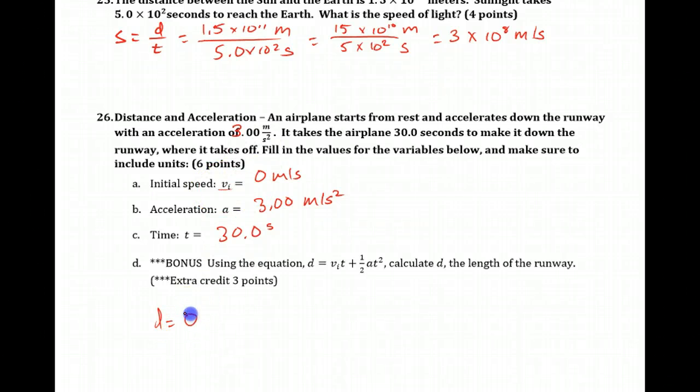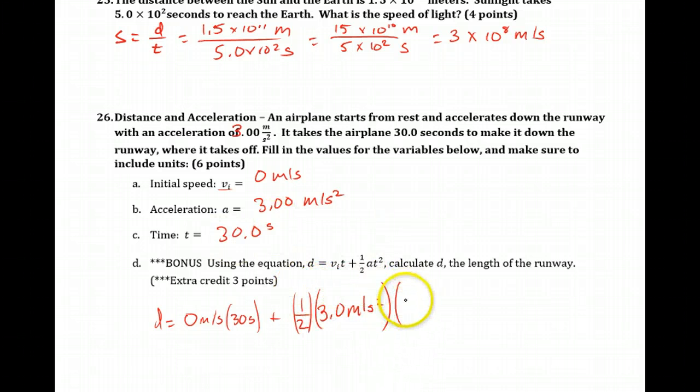So 0 meters per second times time, 30 seconds, plus 1/2 the acceleration, which is 3.0 meters per second squared, times time, which is 30 seconds, squared.